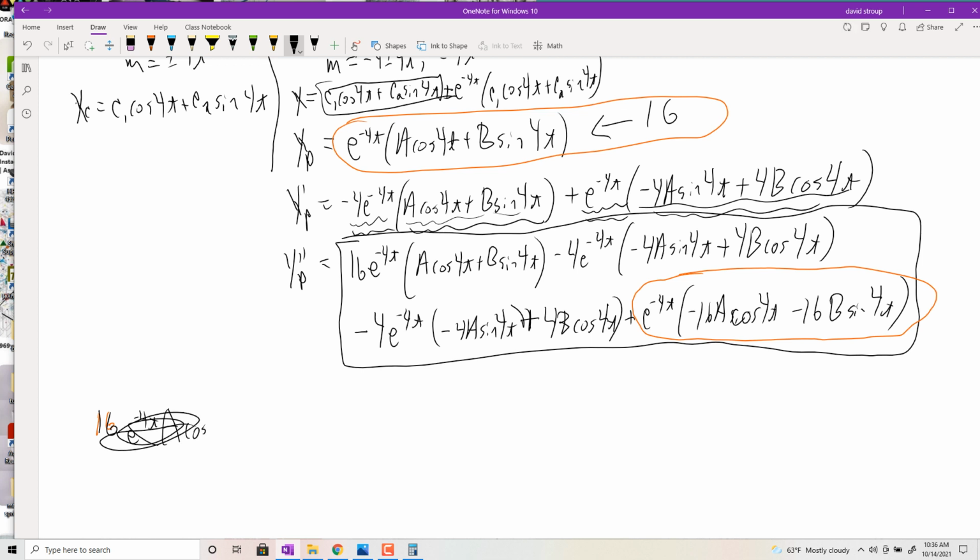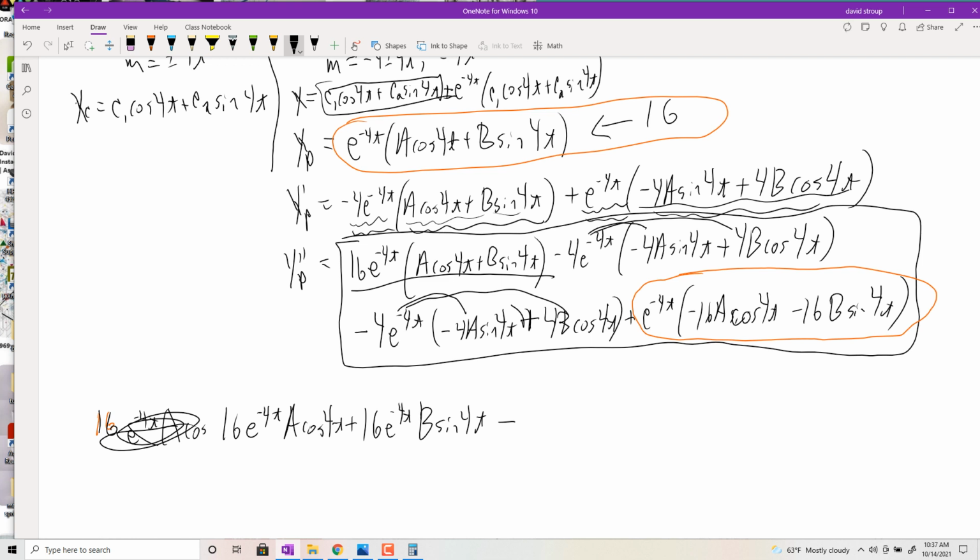Let's see if I can combine some of this, right? So if I distribute this thing, I'll get positive 16a sine 4. So there's going to be some common ground between those two and these two, right? So you have 16a sine t and 16a sine t there. Let's get the first parts written first. 16e to negative 4t, a cosine 4t plus 16e to negative 4t, b sine of 4t.